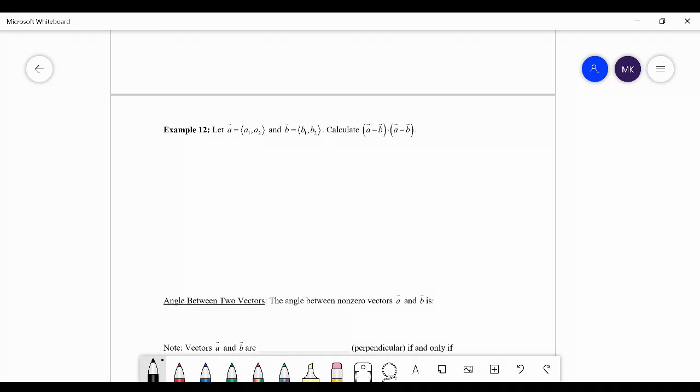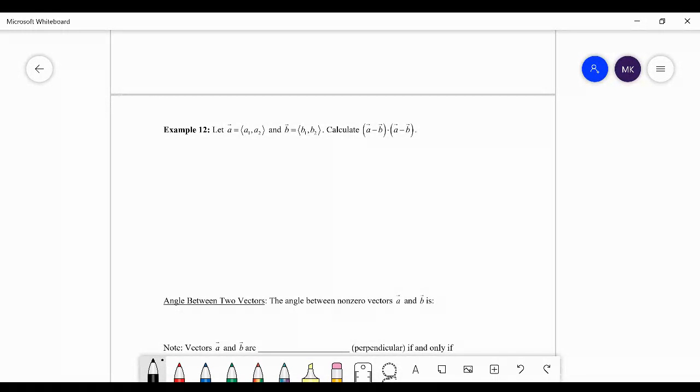So here, we have two vectors, A and B, and it's asking us to calculate the dot product of the difference of the vectors. Now, there's a lot of shortcuts we could jump around to here, but I want to go ahead and do this all together for no other reason than it just kind of gets us some practice manipulating these things and working around with these things.